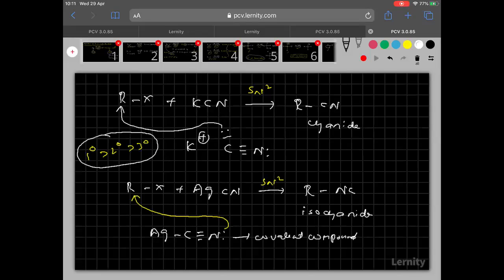Followed, and I think in the 11th class you might have read that cyanides and isocyanides are functional group isomers to each other. Cyanides and isocyanides are functional group isomers. So please copy this one quickly.